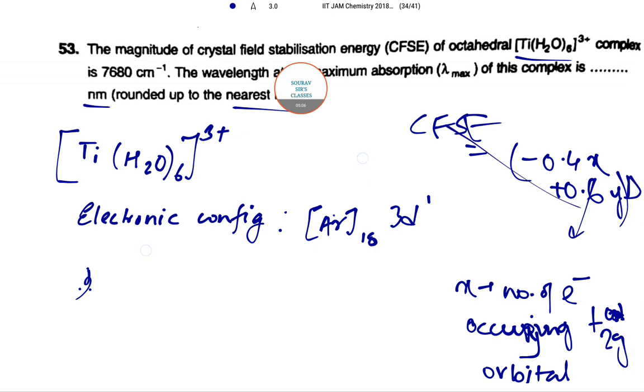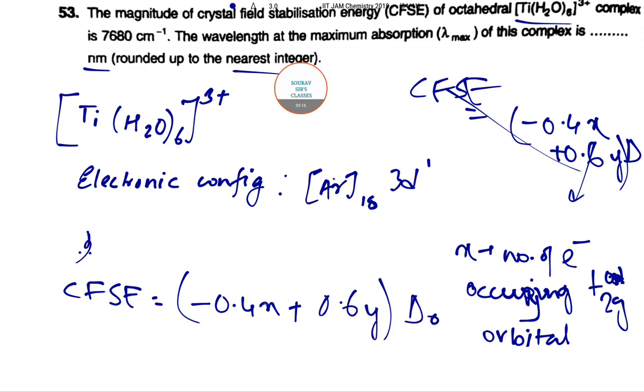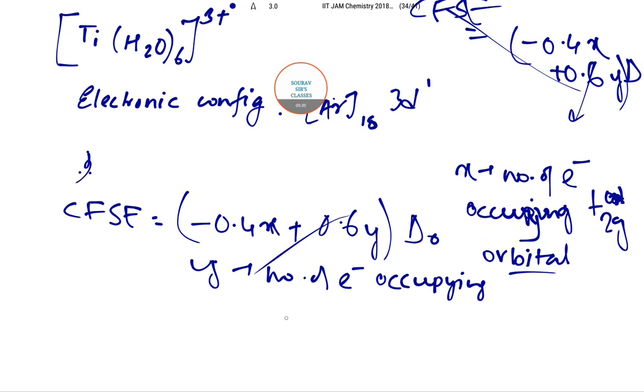Okay, I'm writing it here again. CFSE equals to minus 0.4x plus 0.6y into del naught, where x represents the number of electrons occupying t2g orbital and y represents the number of electrons occupying the eg orbitals.